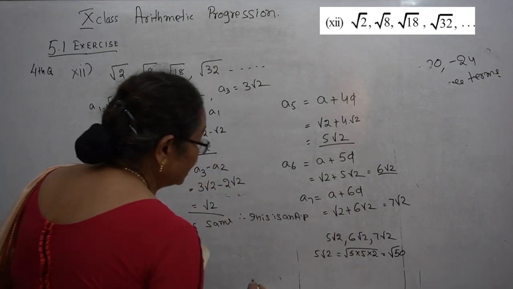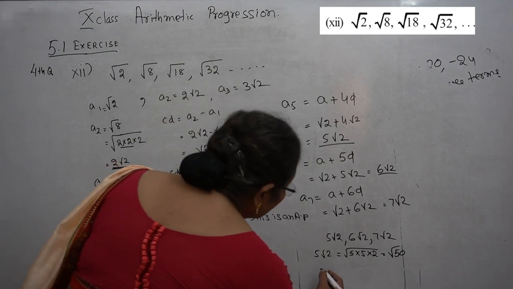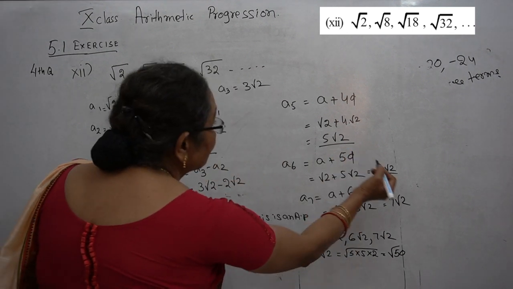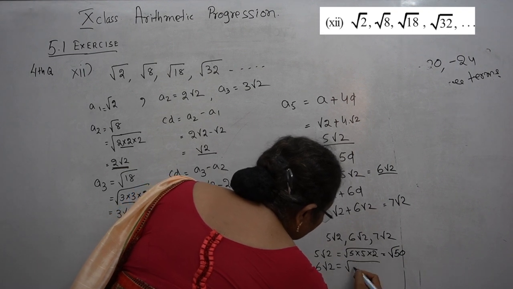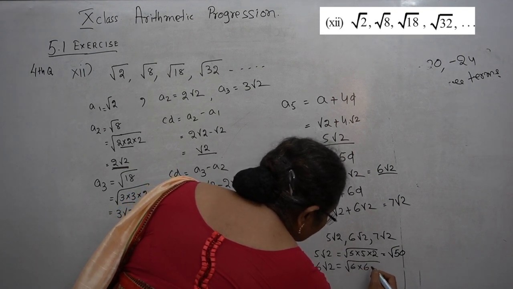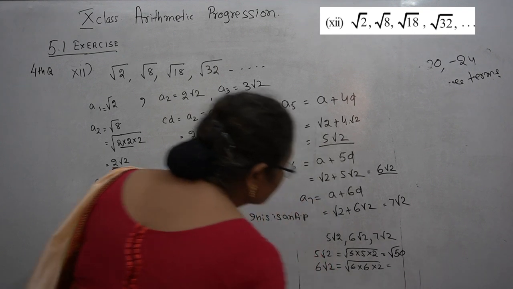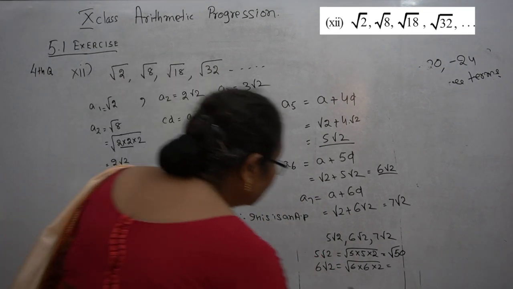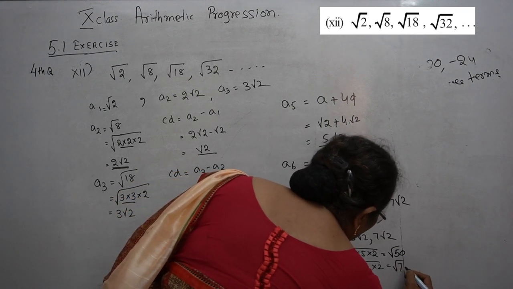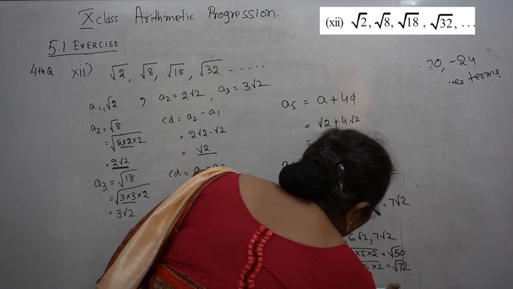Okay. Then next is our 6 root 2, that equals, again go under root 6 into 6 into 2. This equals 6 2s are 12, 12 6s are 72, root 72.